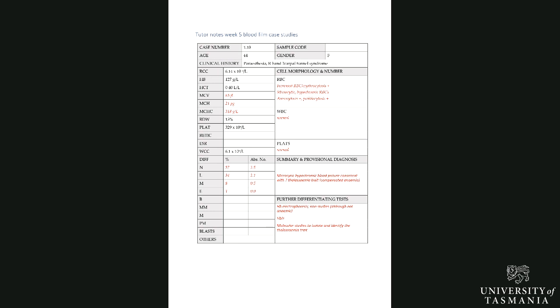consistent with an abnormal hemoglobin, query thalassemia trait, something along those lines. And of course, you would justify your provisional diagnosis by pointing out that pattern of the red cell count, the hemoglobin, and the MCV. Further differentiating tests: iron studies.